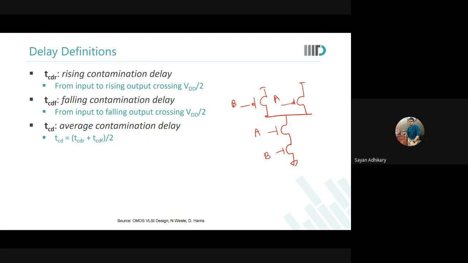So in case of sequential circuits, it may violate the setup and hold condition, so that's why this contamination name is used. So yeah, you're almost there.